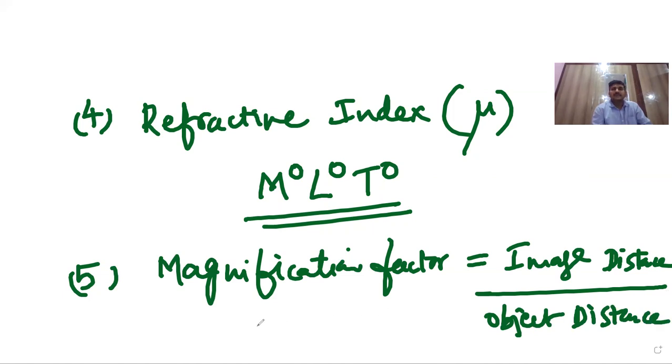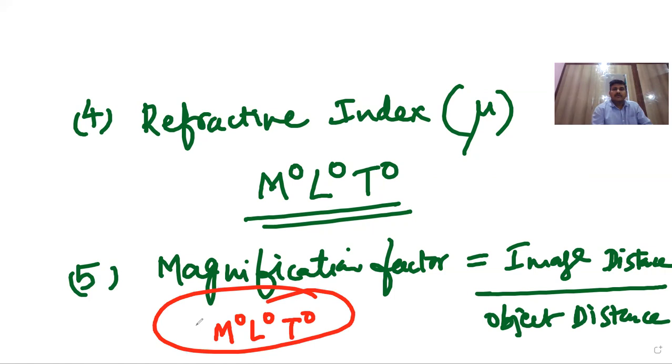Both are distances. Hence once again, distance by distance, it becomes no dimensions. M to the power of 0, L to the power of 0, T to the power of 0.